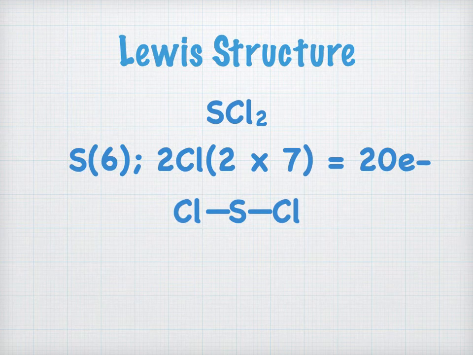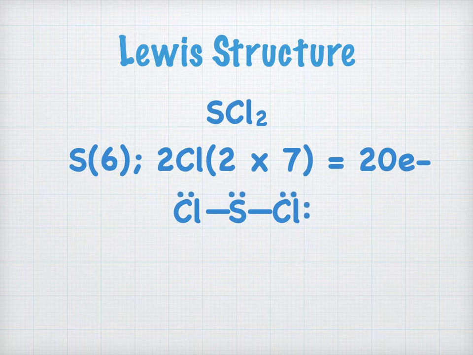Then we want to go around and put dots around each element until we get to 8 valence electrons. Well, chlorine there on the right side is sharing 2 electrons with sulfur. That means it needs 6 unshared electrons, or 3 pairs, to get it to 8. The sulfur is sharing pairs of electrons with each chlorine, so it has 4 shared electrons that it gets to claim, and so it needs 2 unshared pairs to get to 8.